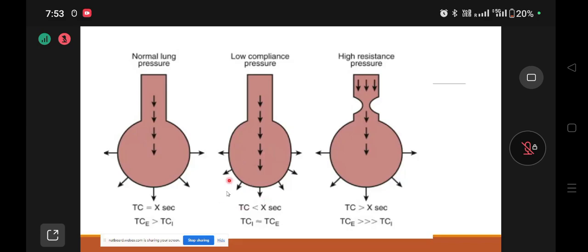In that case, your time constant will change. Similarly, if there is high resistance, suppose there is an obstruction over here, your time constant will increase, because the air has to pass through this narrow passage to inflate the lung. So in low compliance states, your time constant decreases, and in high resistance states such as bronchial asthma and bronchiolitis, your time constant increases.